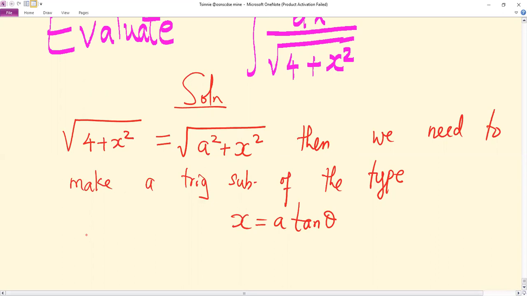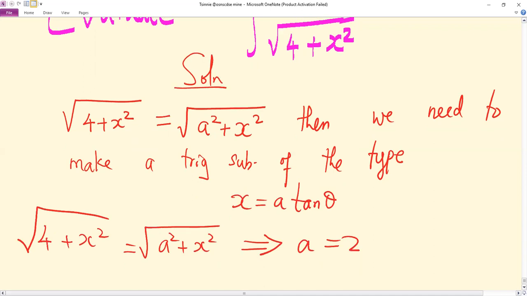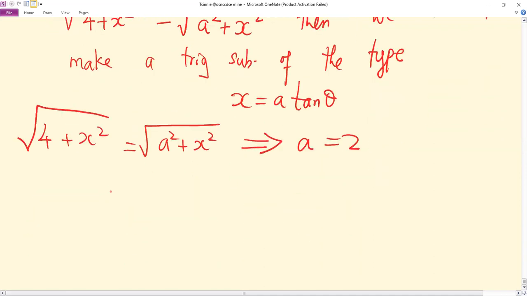So it's not hard to see that 4 plus x squared equals a squared plus x squared, which implies that a is 2, because 2 squared is what gives you 4. So then we have x equals 2 tan theta.